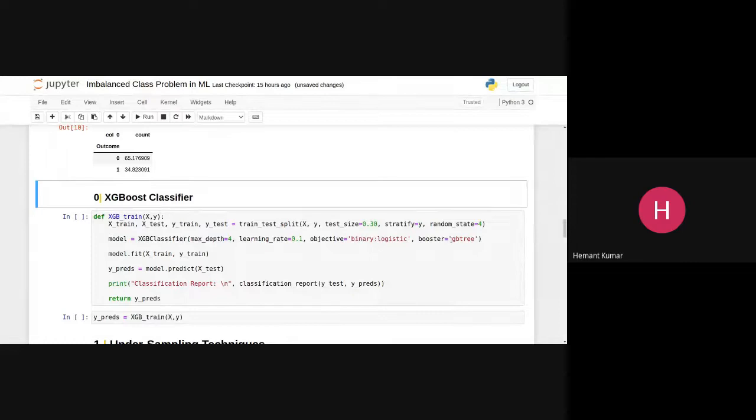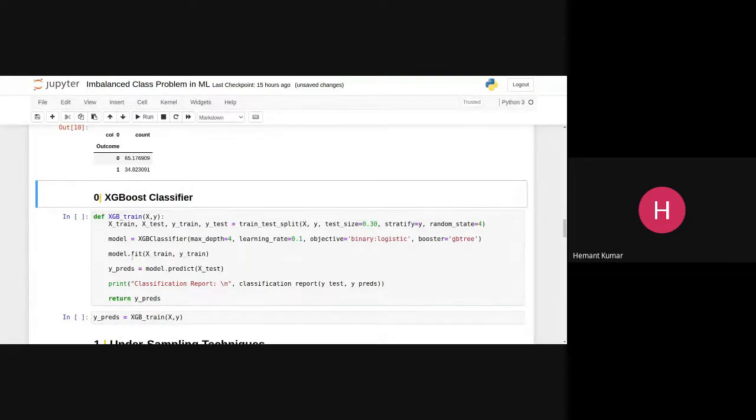We use a gradient boosting tree, with a learning rate of 0.1 and a maximum depth of 4. These are not specific values; I just put in random values, so you can set different values.